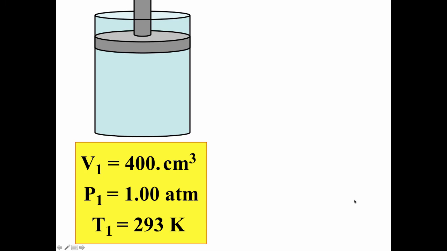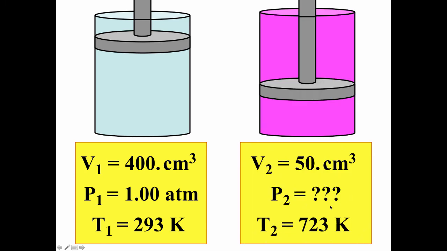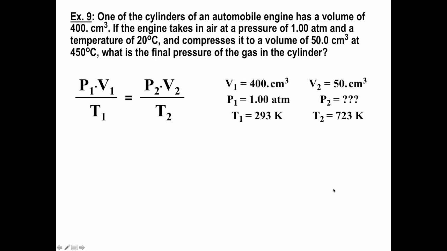So there's our initial conditions. Squeeze the gas down to a smaller volume, heat it up because the engine is hot to a higher temperature. We know all of our values except for the pressure in state 2. So P1V1 over T1 equals P2V2 over T2.